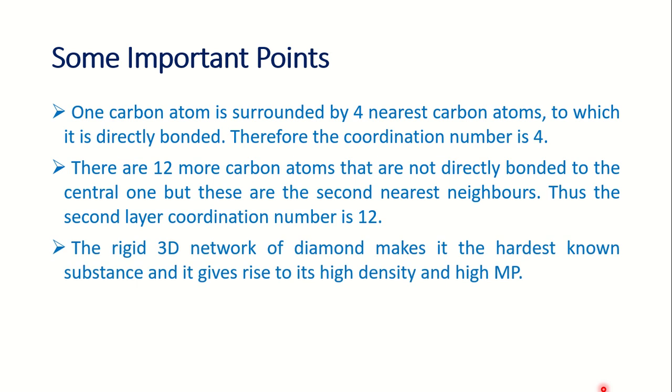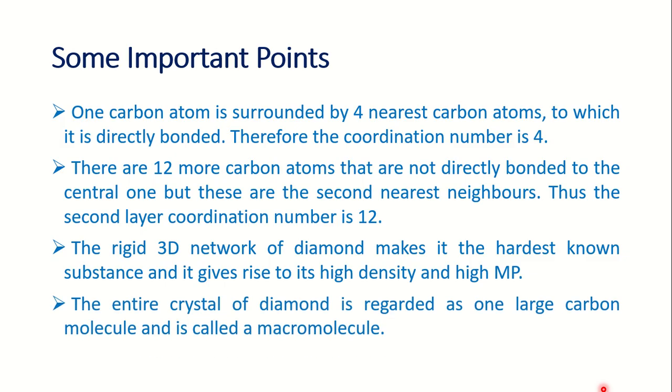It should be 12. The rigid three-dimensional network of diamond makes it the hardest known substance, and it gives rise to its high density and high melting point. The entire crystal of diamond is regarded as one large carbon molecule, and it is called a macromolecule. Now some other compounds or elements also have diamond type structures.